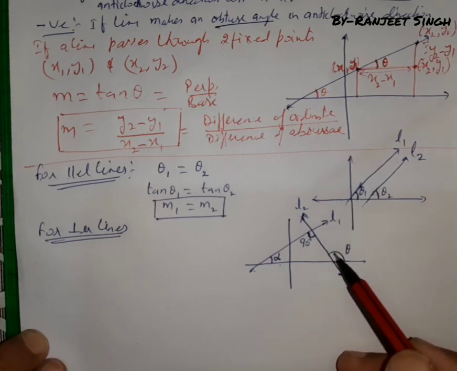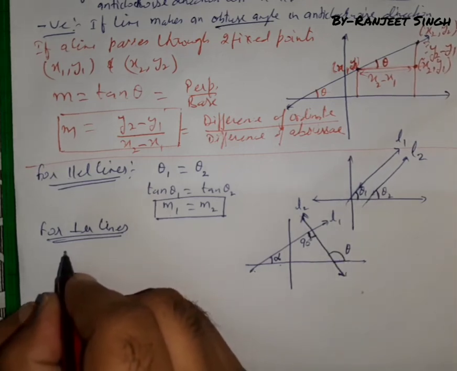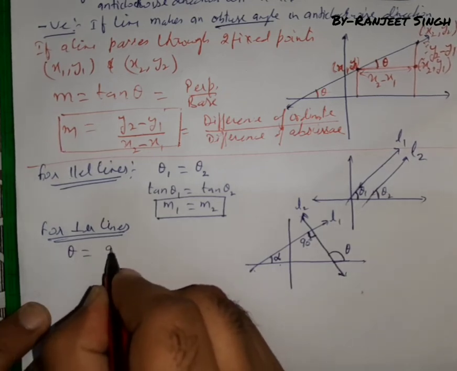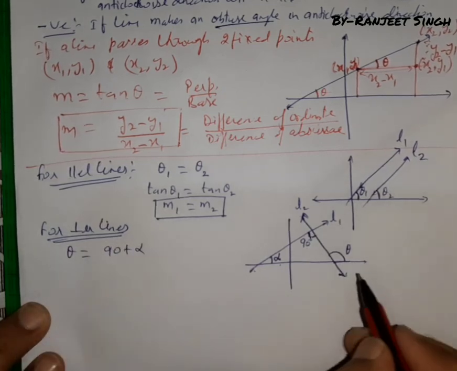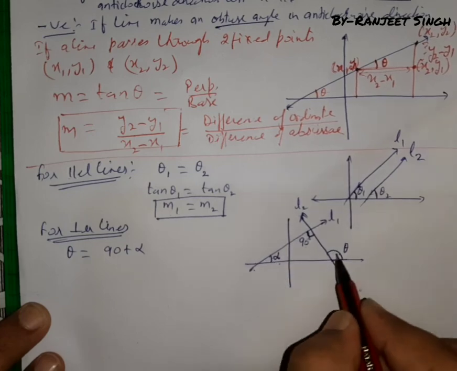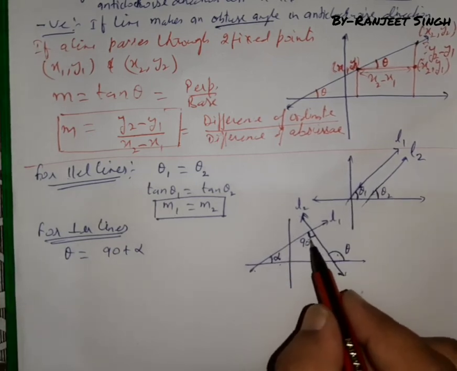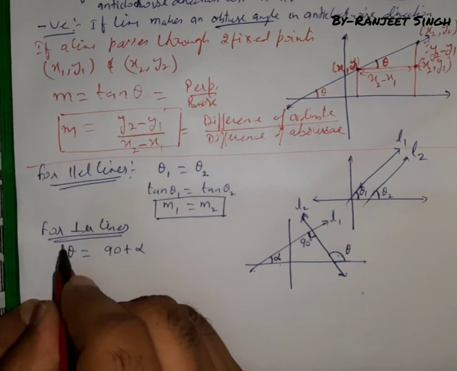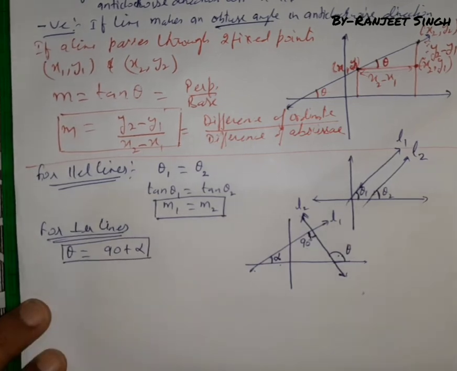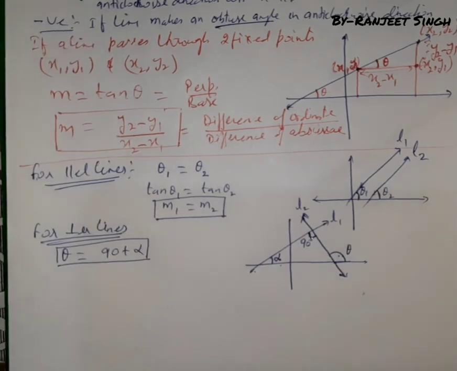So this is the exterior angle. Here we can find the relationship between the inclinations, that is theta is equal to 90 plus alpha. This is the exterior angle, so exterior angle is equal to the sum of the opposite interior angles. So this is the relationship between the two inclinations.